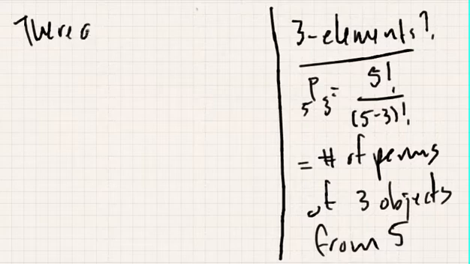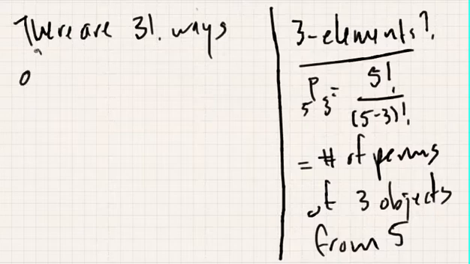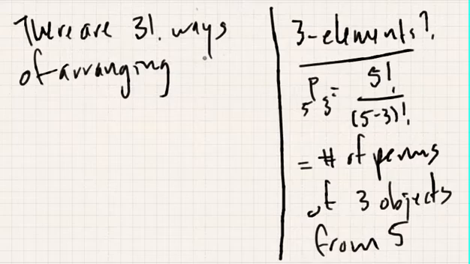There are 3 factorial ways of arranging 3 objects.